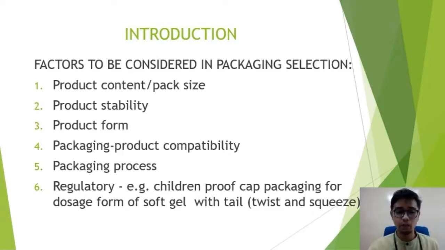And the last one is regulatory. For example, in the regulation, we have to use a child-proof cap for the packaging of soft gel dosage forms, with tear or twist and squeeze. So the packaging also has to consider the regulations.